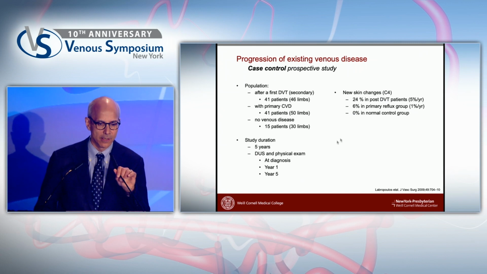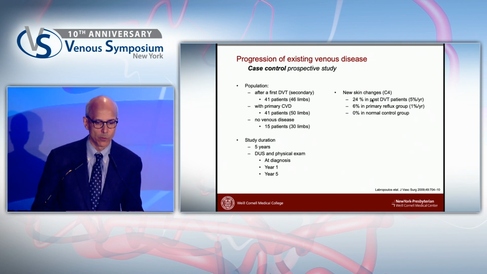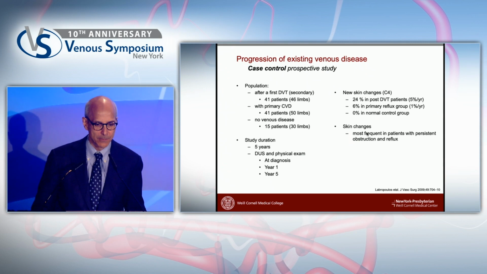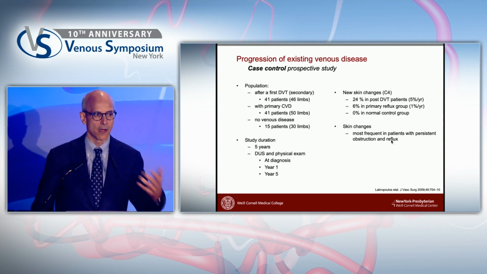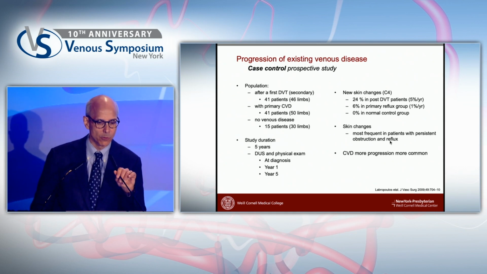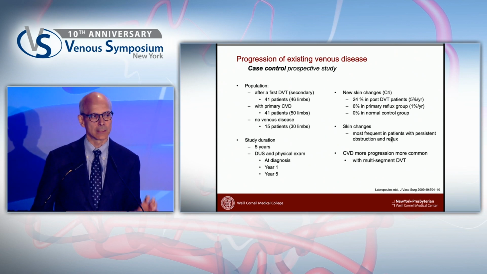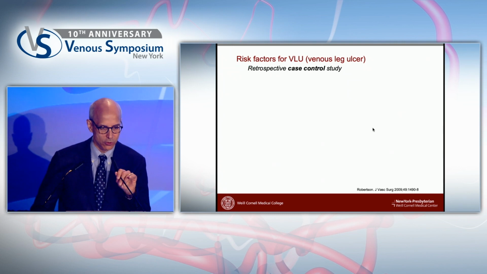What he saw is that new skin changes were much, much more common in patients who had had a deep vein thrombosis than who had had primary reflux or were normal at the time. So a substantial increase in skin changes in patients who are post-thrombotic, so to speak. Skin changes were most common in patients who had persistent obstruction and reflux on the follow-up ultrasound, and also most common in patients who presented initially with multi-segment DVT as opposed to a single segment of DVT. So this is some interesting information too.